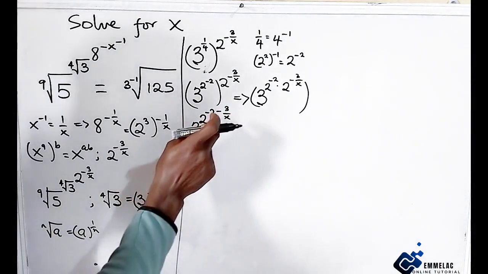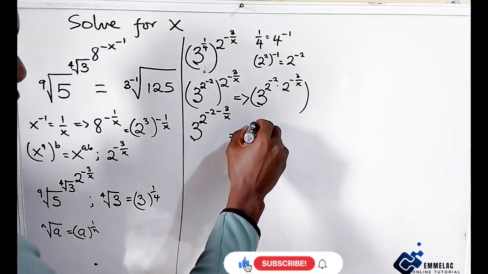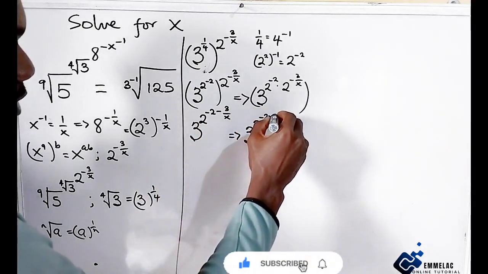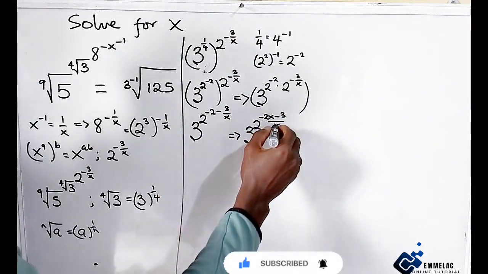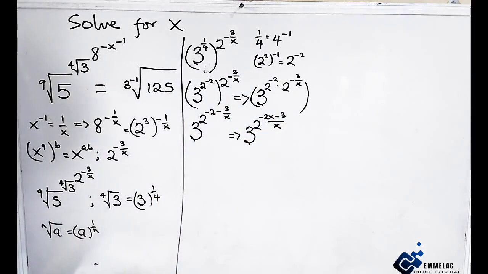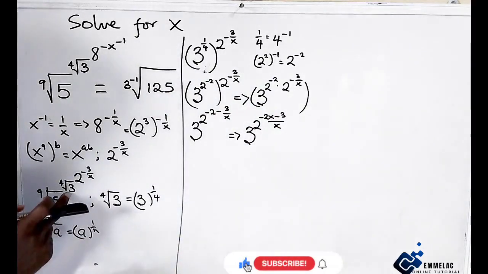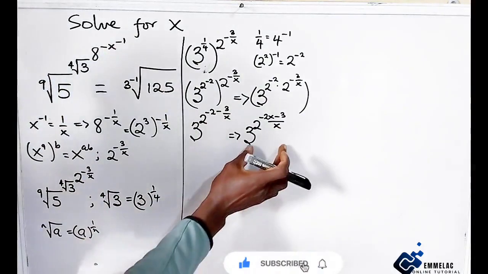Now if I resolve this, this gives us 3 raised to the power of 2 raised to the power of minus 2x minus 3 over x. Okay, alright. Now that we've resolved this, the whole from this to this has now given us this.